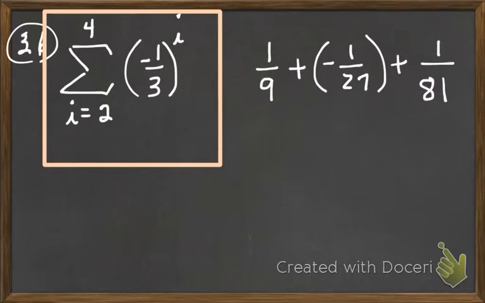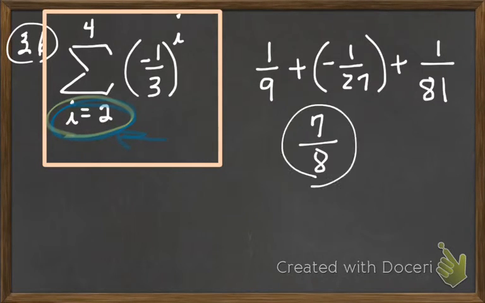And then I would definitely use my calculator to add up those fractions. Seven over 81. That's what I got. Final answer, 7 over 81.